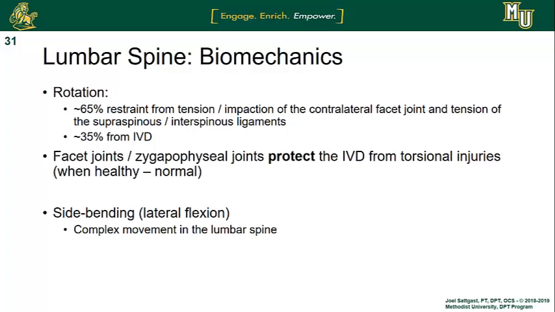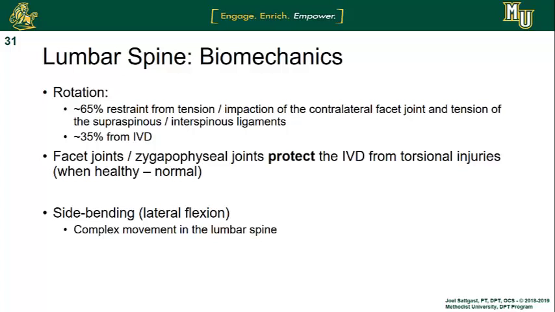What's interesting is in a healthy, or what we may say normal individual, the facet joint or the zygapophyseal joint really does serve a large protecting role, providing some form of, for lack of a better term, protection to the intervertebral disc from any type of rotational, torsional, or shear type injuries.